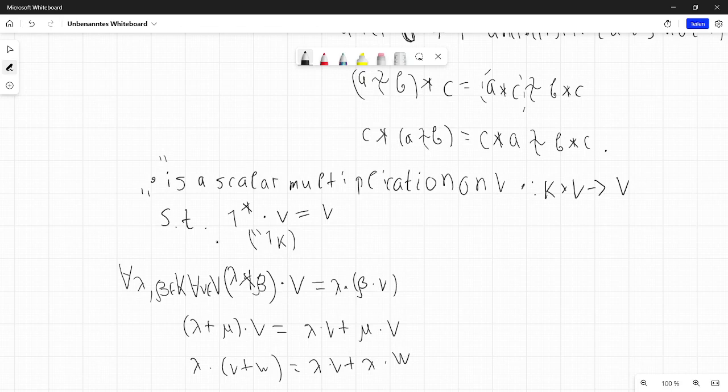At least we will write it probably always left. It could be written always on the right, but it's just a convention to not mix things up, right?